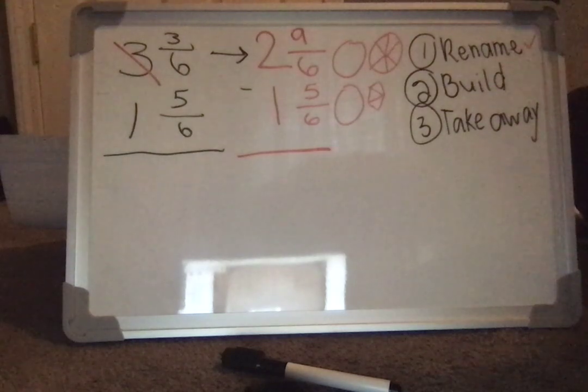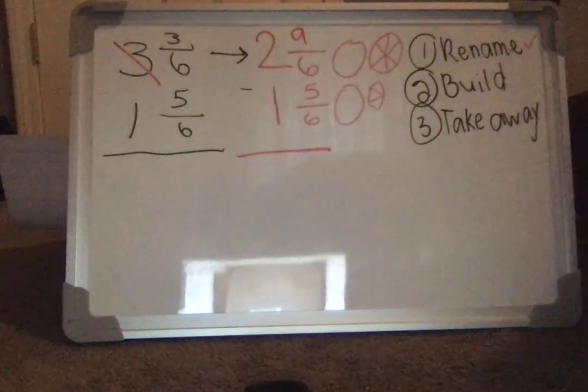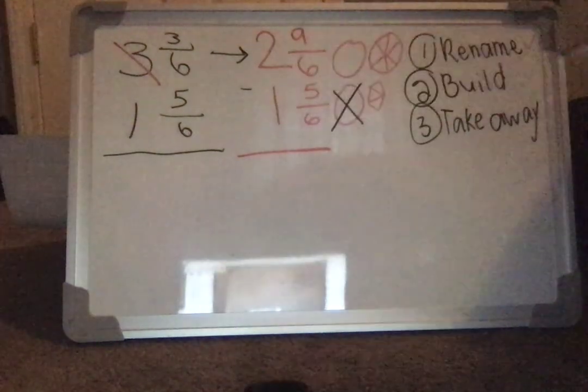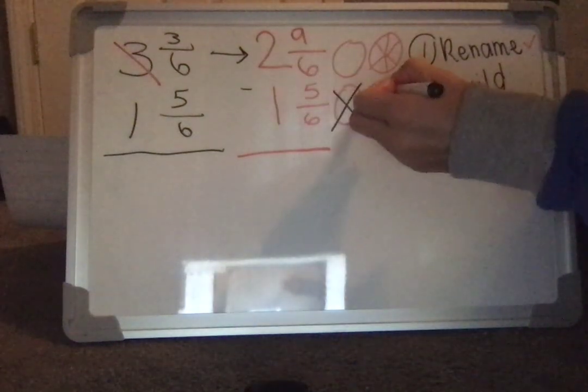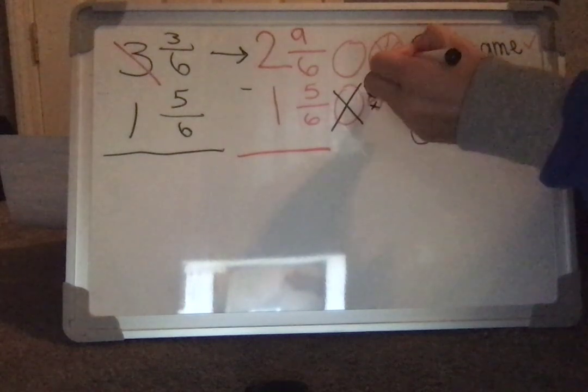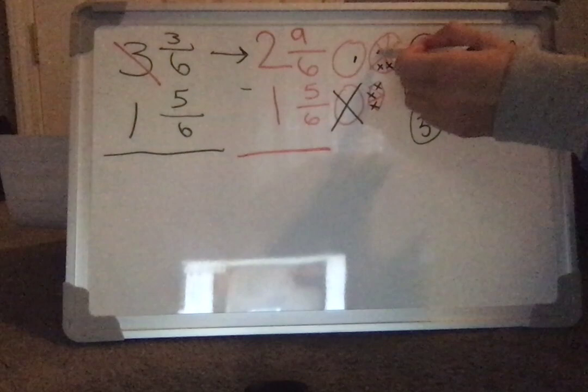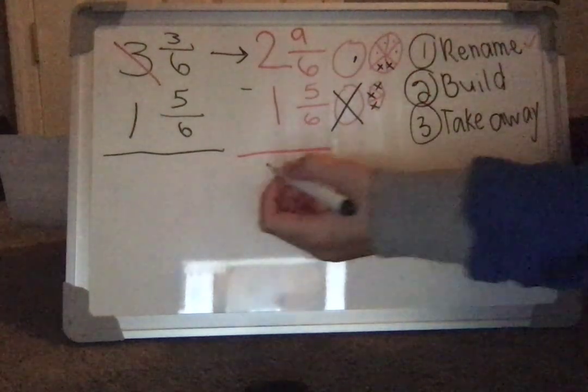Okay, now we need to take away 1 whole and 5 sixths. 1, 2, 3, 4, 5. And I'm now left with 1 whole and 1, 2, 3, 4. 4 sixths.